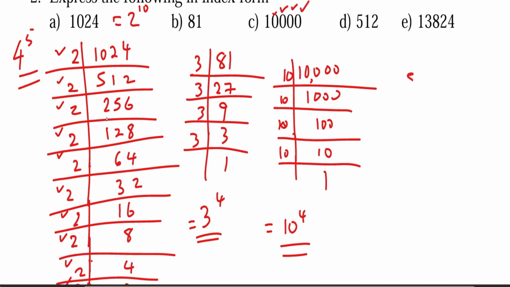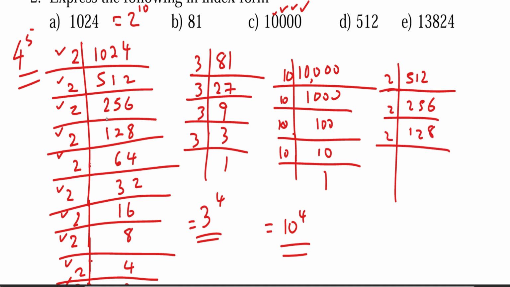For the 512, the same scenario. You do the same thing. Divide by 2, you get 256. Divide by 2, you get 128. Divide by 2, you get 64. Divide by 2, 32. Divide by 2, 16.